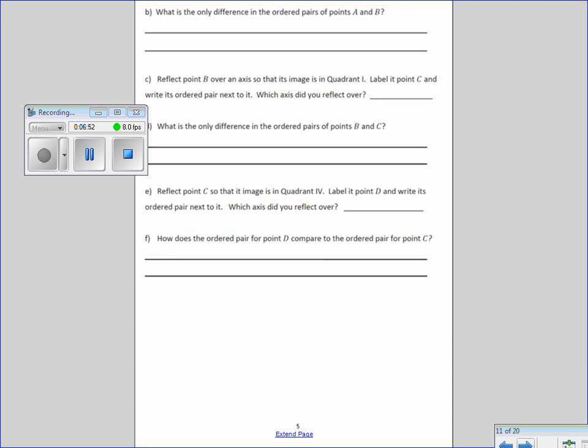Which coordinate's the same, which coordinate's different? The first one is which, the x or the y? X. Okay, is the x-coordinate the same or different? Oh, it's different. Let's take a look and see.